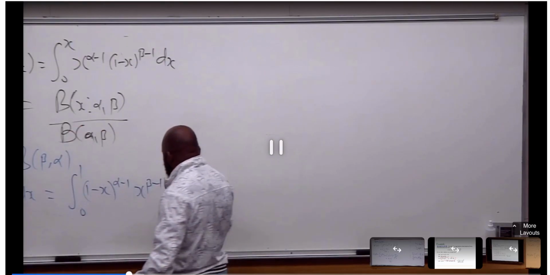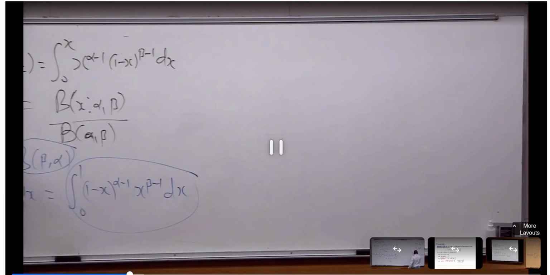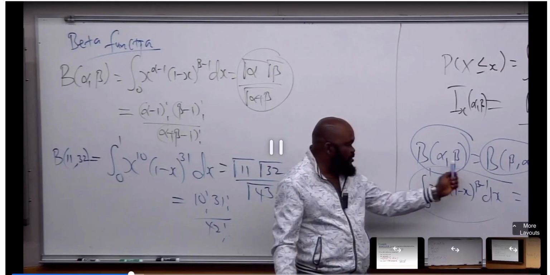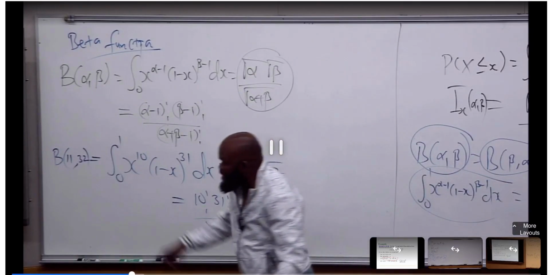So this guy is this guy. Take a look at that. That's what I mean. They are the same. Whether b, alpha, beta, or that, it is the same. Does that make sense? That's exactly what we mean.